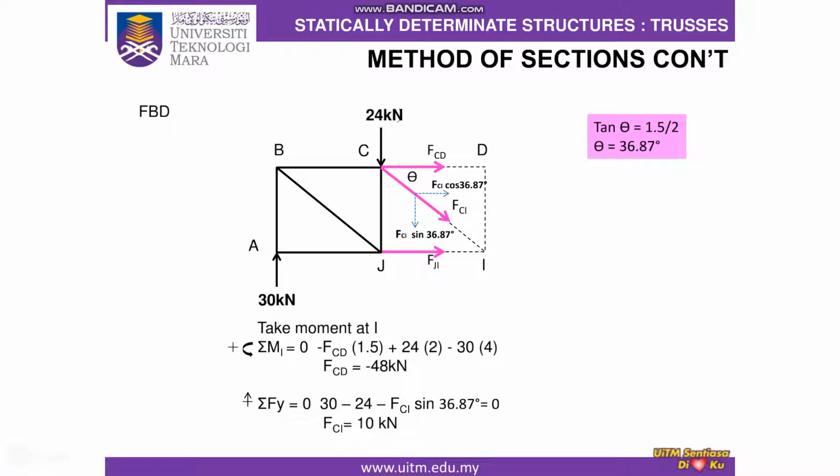Okay, we start with the XX cutting section. From this diagram, we have FCD, FCI, and FJI. FCD and FCI intersect at point C, while FCI and FJI intersect at point I. How do you know?